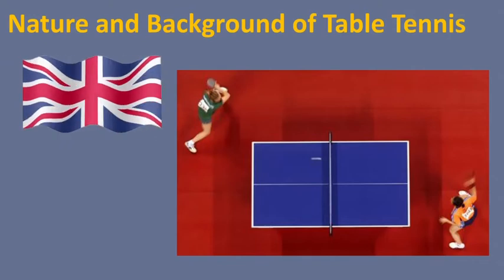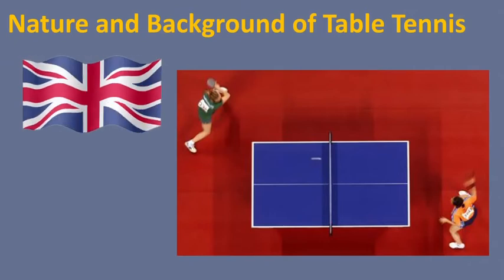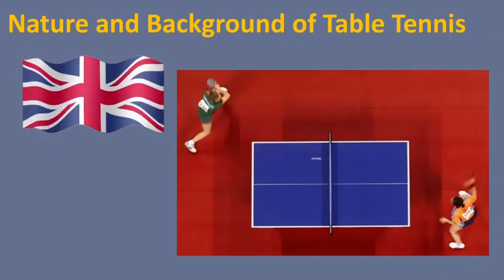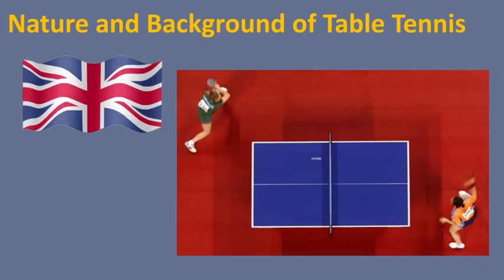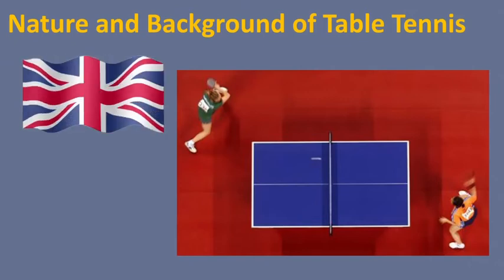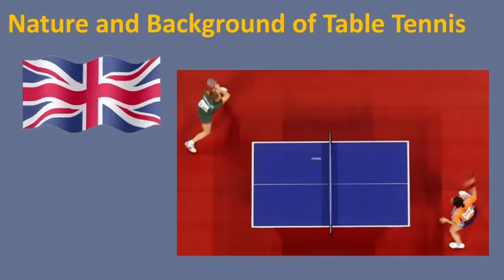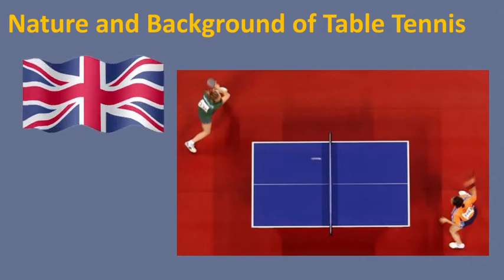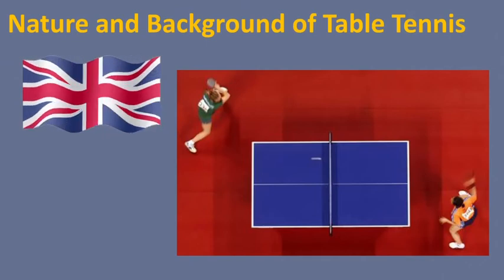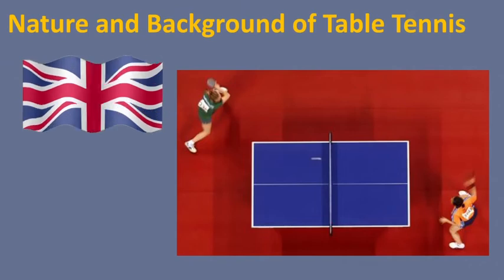Table tennis is governed by the ITTF, which means International Table Tennis Federation. The rules of this sport are different for singles and doubles, especially in terms of serving and receiving. The player who first reaches 11 points and is at least 2 points ahead in the game will be declared the winner.